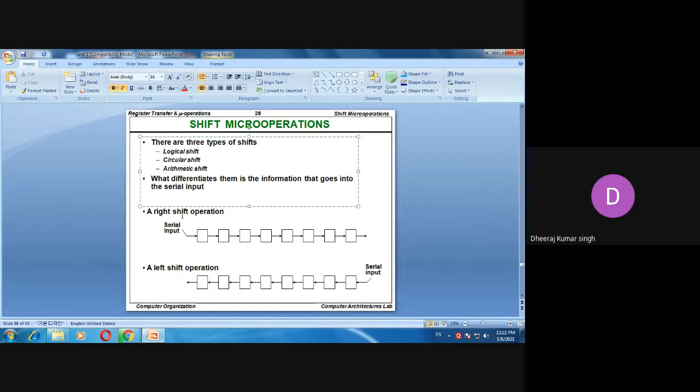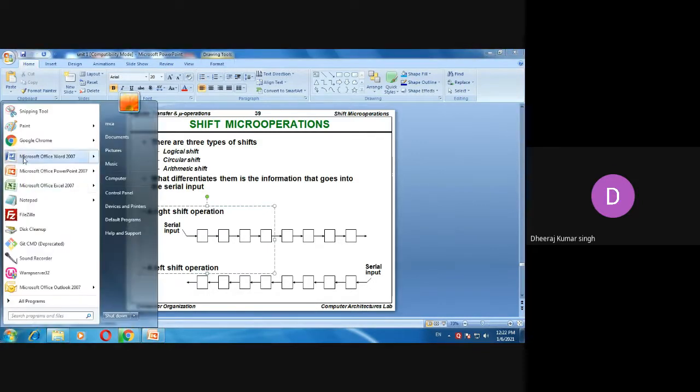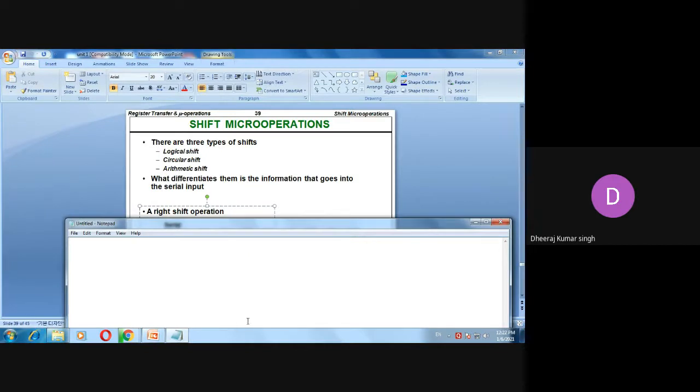This is the serial shift operation, that is, serial input is there, and in a left shift operation the values go to the left hand side. This is a right shift operation: we are shifting our value to the right hand side. Suppose we have the number 11001, and someone says shift this number right by one bit.